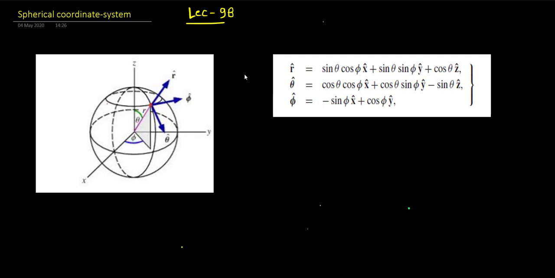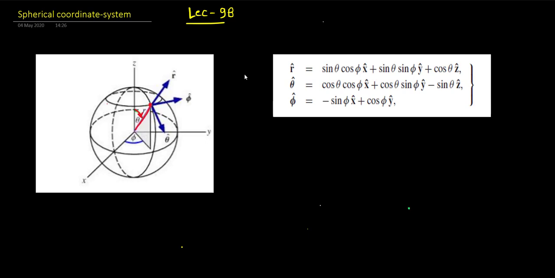Now let's look at the direction of phi cap. When you move in the direction of phi cap, the radius r and theta, the vertical angle from the z-axis, would be constant. Just imagine we are at this point. This is our angle theta and this is our radius r.